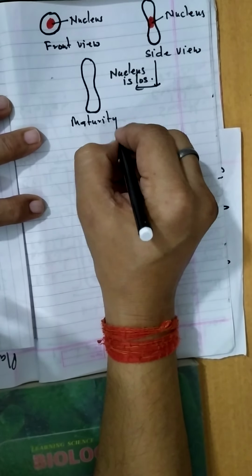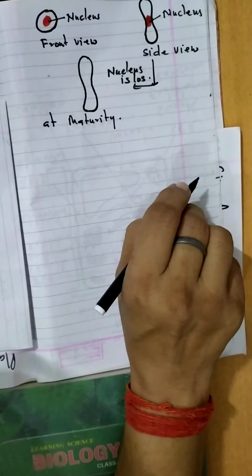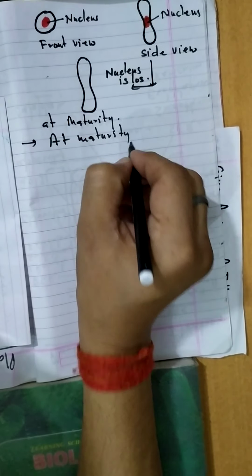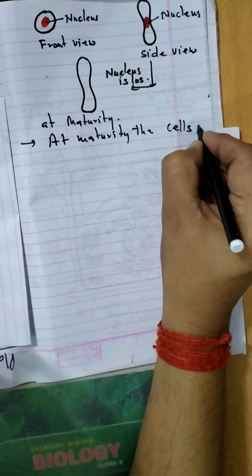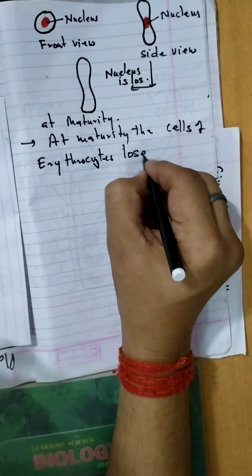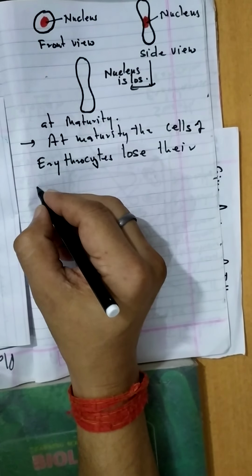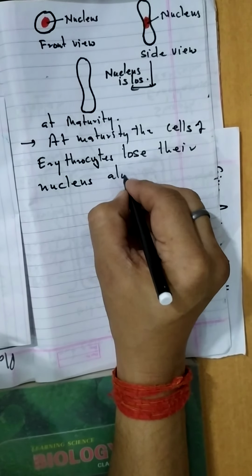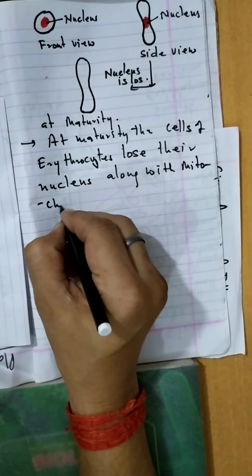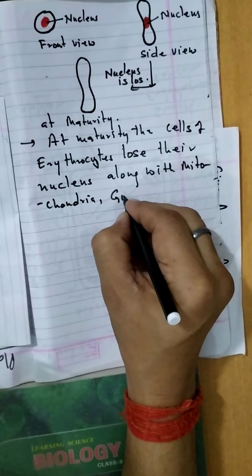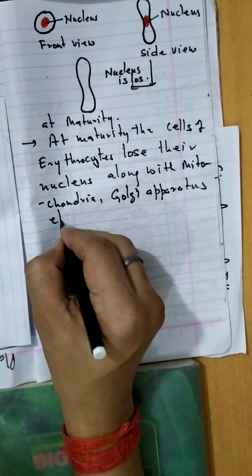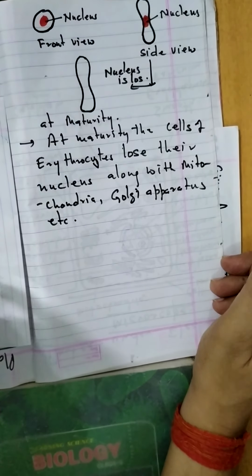Not only nucleus, at maturity the cells of erythrocytes lose their nucleus along with mitochondria, Golgi apparatus, etc. What is the main purpose of this?